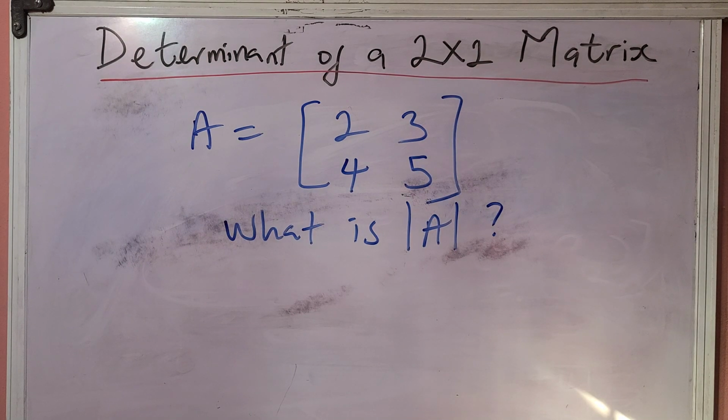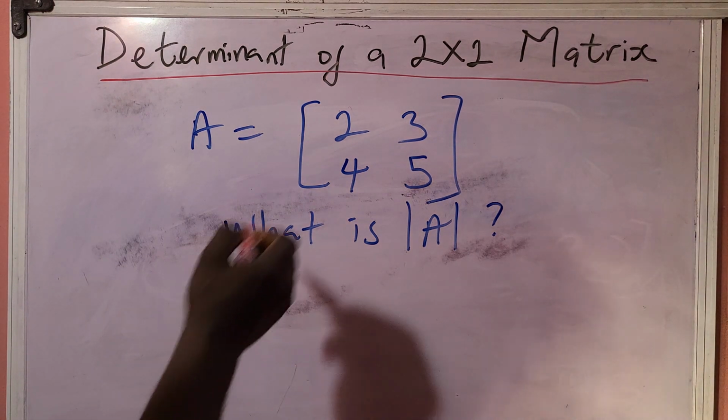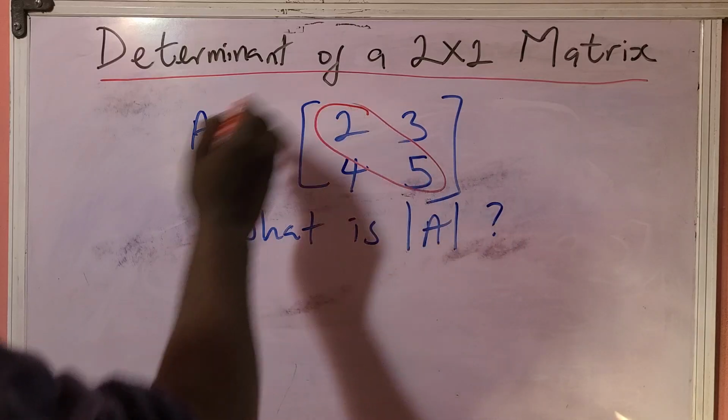So we have a matrix A given as shown in the video above. We can see that the matrix A has this leading diagonal.